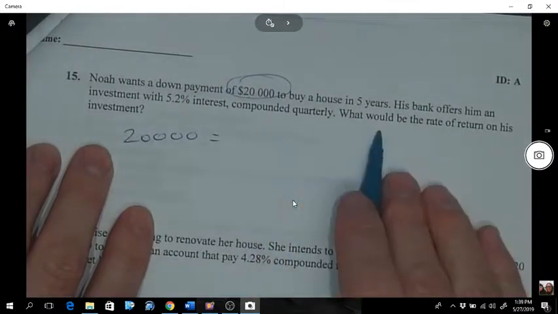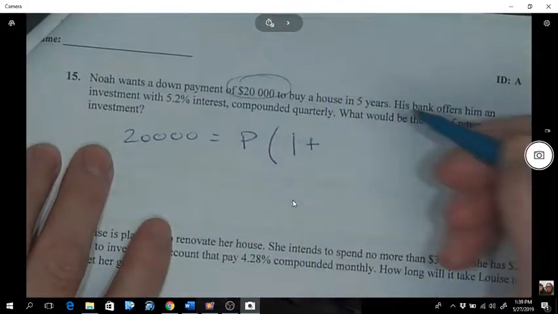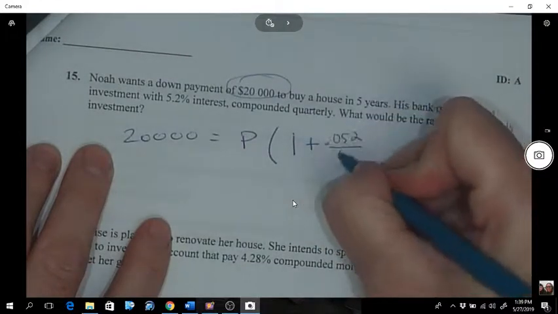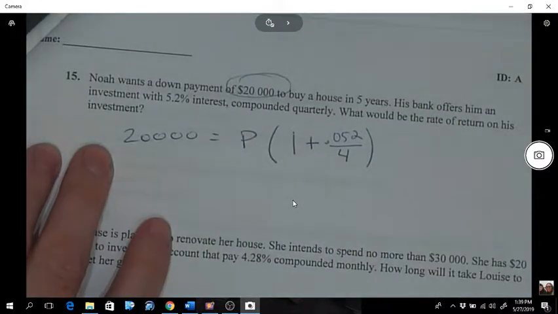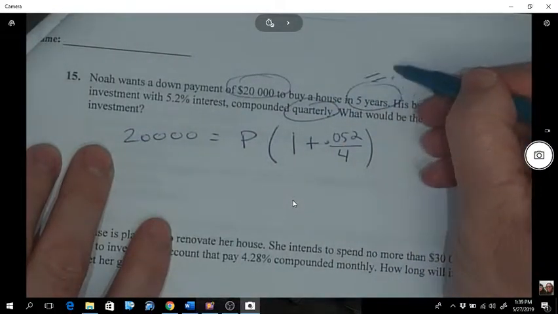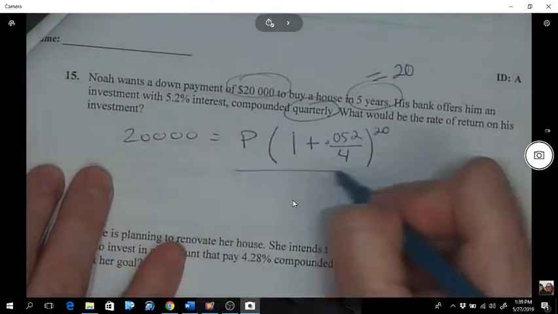Okay, don't know the principal. So we're going to go 1 plus 0.052 compounded quarterly. So put a 4 there. And 5 years times quarterly makes 20 compounds. Okay, so I'm going to divide.